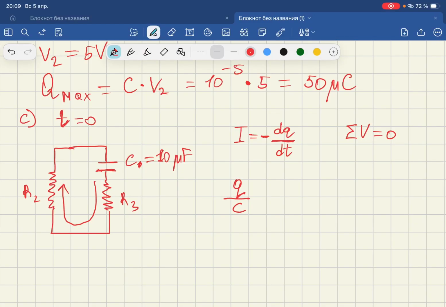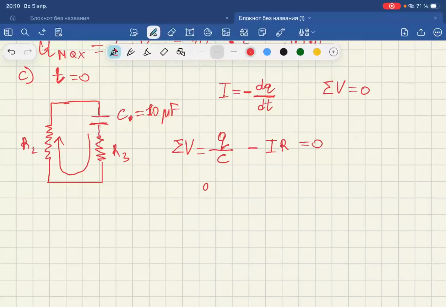Q divided by C, our voltage of the capacitor, minus the voltage of the resistor, which is IR, just IR, is equal to 0. This is our sum of the voltages. So Q divided by C is equal to IR.